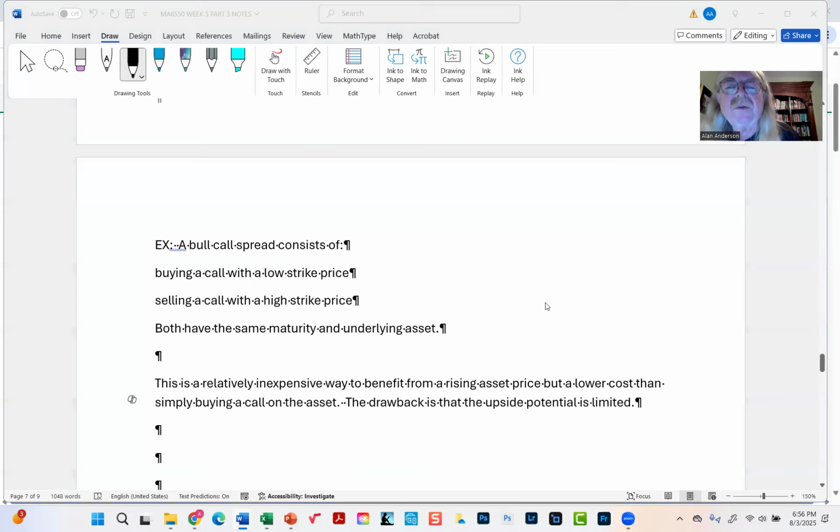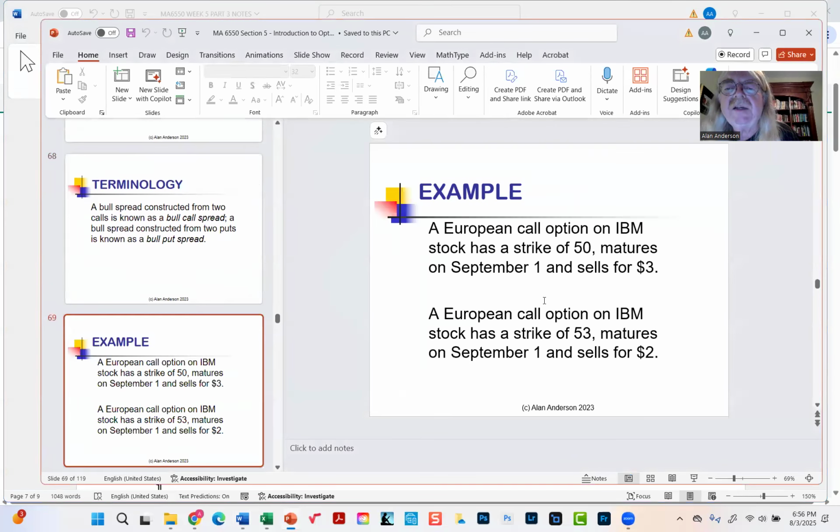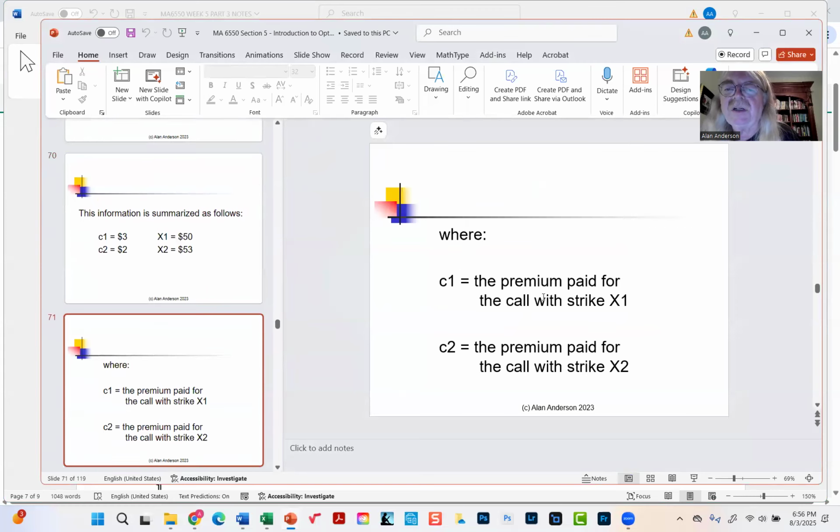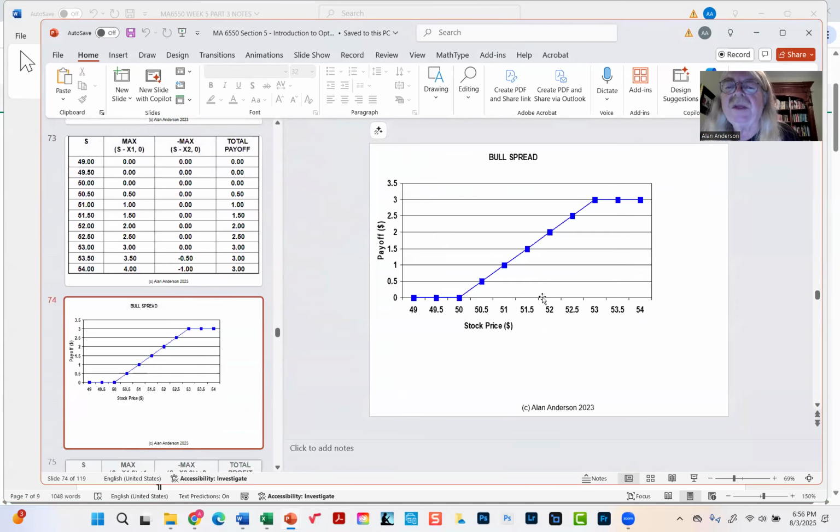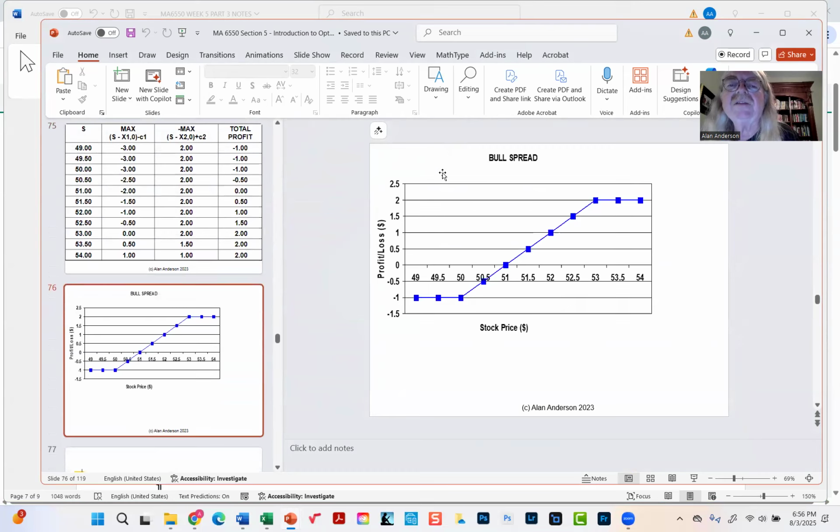Now, what I'd like to do is show you the graph. This graph is based on IBM stock, but the logic is the same as what we had with gold. So let's skip ahead to the diagram that shows the profits and losses.